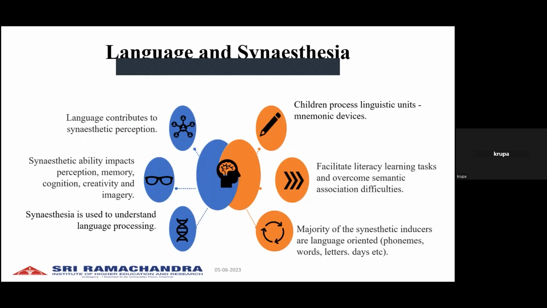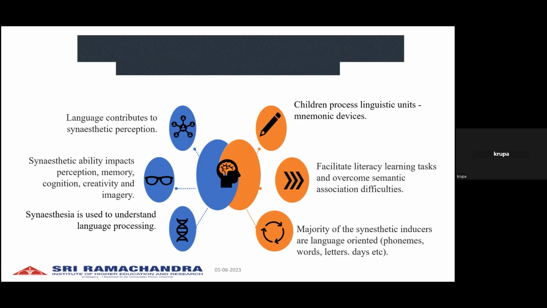Looking at other aspects of language and synesthesia, how language contributes to synesthetic perception: most of the inducers, those stimuli, are language oriented. Phonemes, words, letters are the inducers which often cause synesthesia, and that is how it is reported.